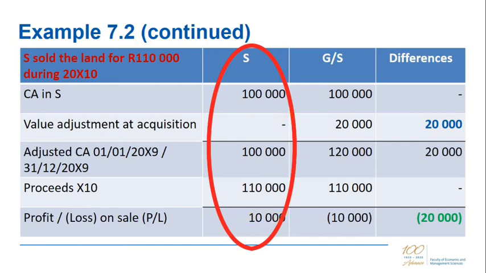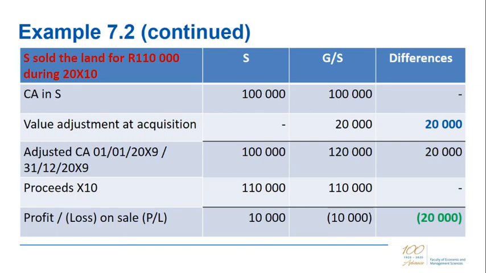In the group financial statements, there was a value adjustment at acquisition date, and that immediately resulted in a different carrying amount in the group. Therefore, the group should recognize a loss on this transaction of 10,000 Rand.